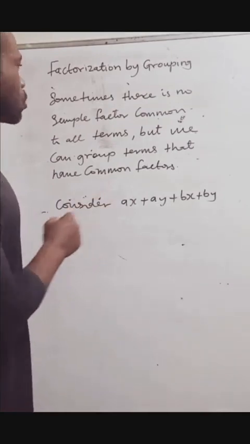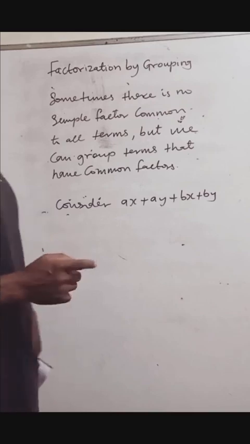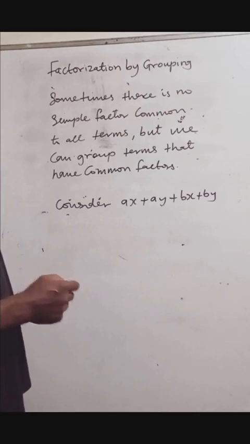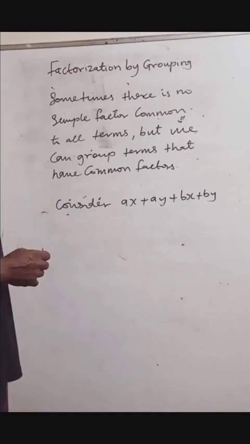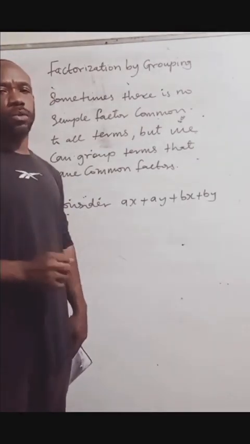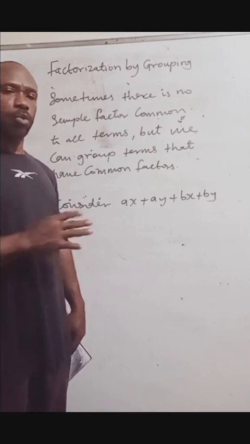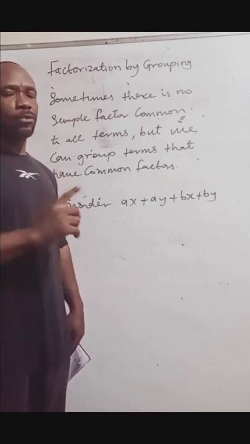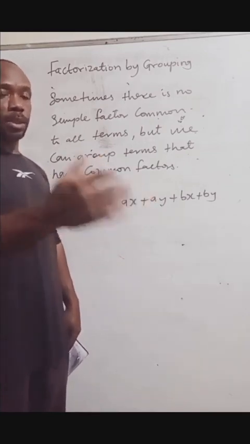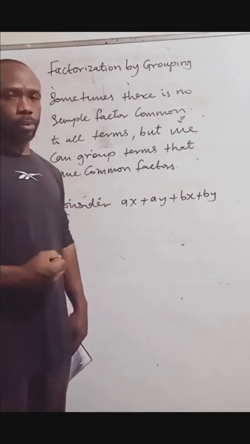So in that situation, the method you are going to use is factorization by grouping. So you group the terms inside the expression that have common factors. That is the method we use where you cannot find a common factor for all the terms in the expression. You group the terms and then you look for a common factor for each group.